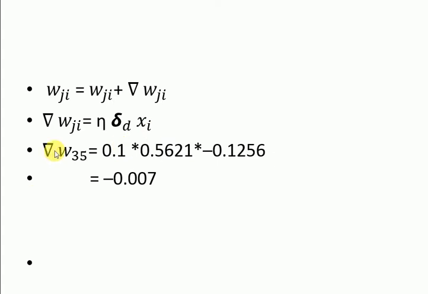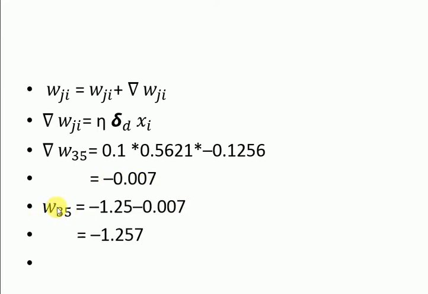W of ji equals W of ji plus derivative of W of ji, which equals eta into delta d into x of i. So that will be 0.1 into 0.5621 minus 0.1256, which we just calculated, and we get minus 0.007.